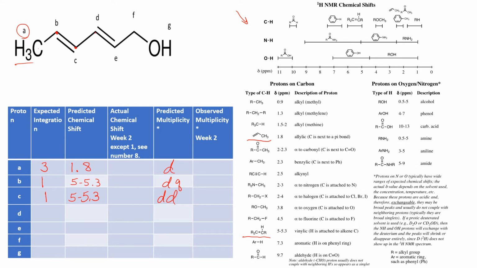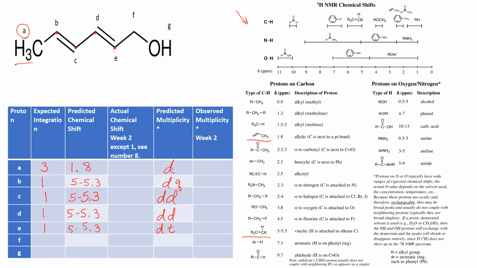D, another vinylic, 1 hydrogen, 5 to 5.3, and it's next to a carbon with 1 hydrogen and next to a carbon with 1 hydrogen. So we should see a doublet of doublets. And then E, again, 1 hydrogen, 5 to 5.3, it's vinylic. And it's next door to 1 hydrogen, and it's next door to 2 hydrogens. So it should be a doublet of triplets.